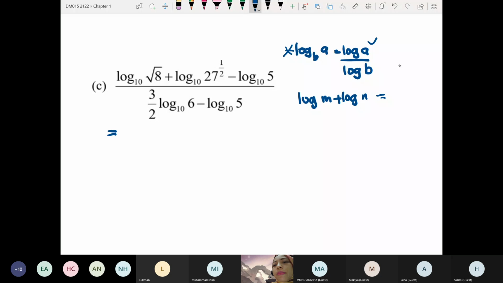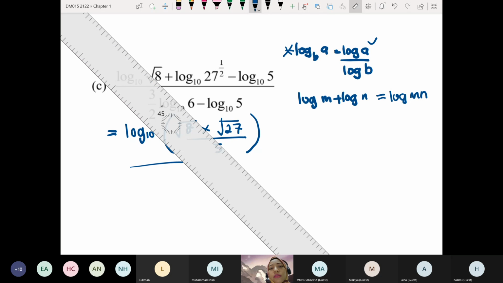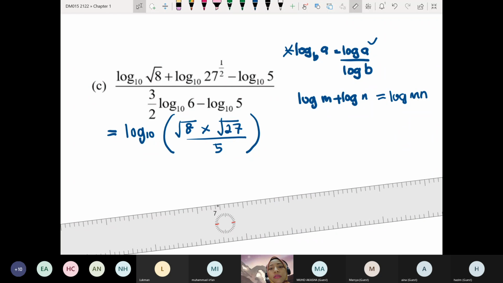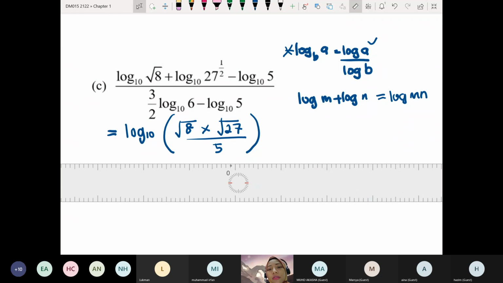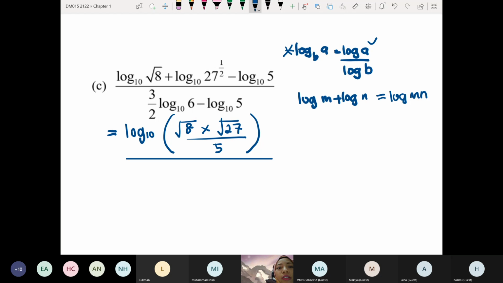Log base 10, root 8 times root 27 over 5, over, with 3 over 2, ini you bring at the back.